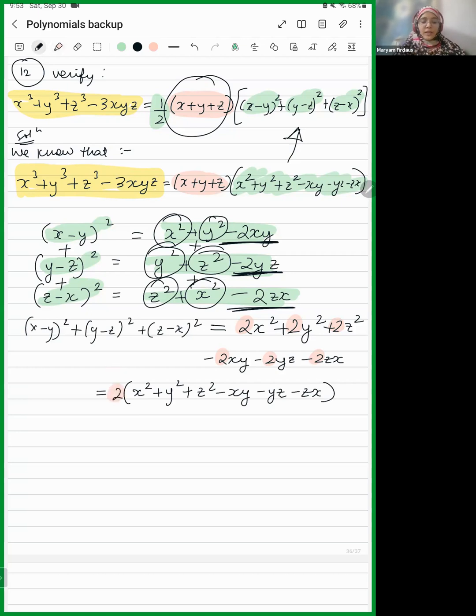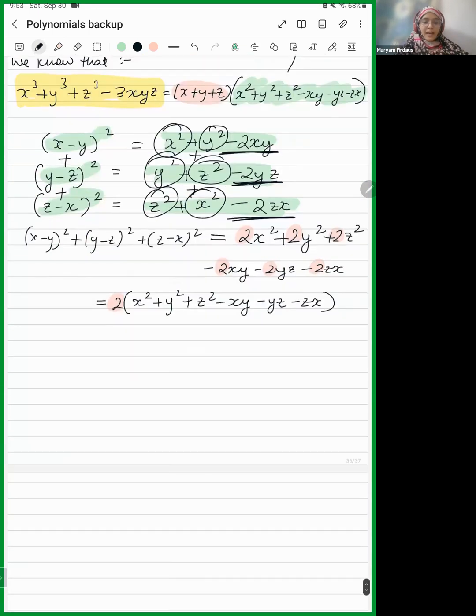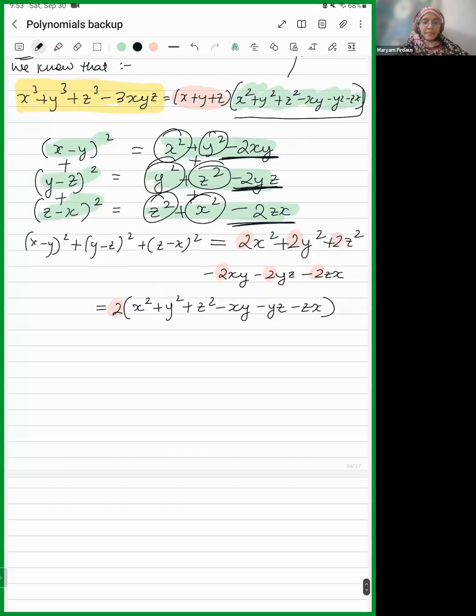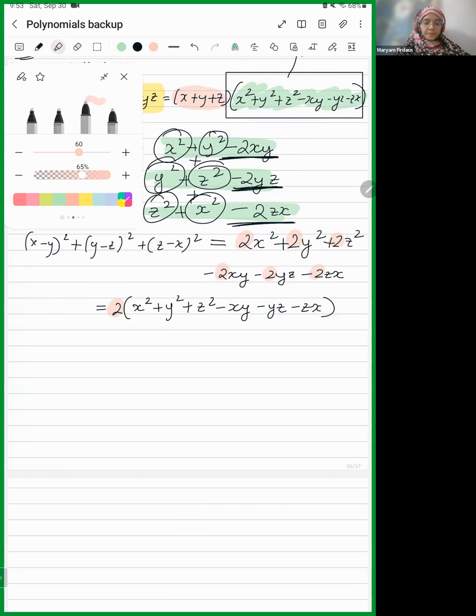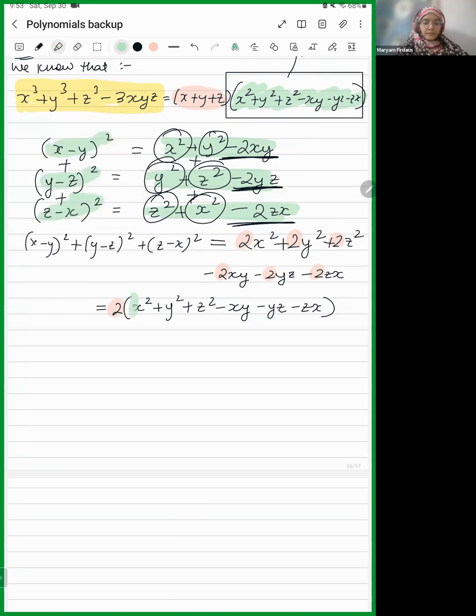So you see that this thing which we had in our identity, this x square plus y square plus z square minus xy minus yz minus zx, is the same thing as this one. Right?